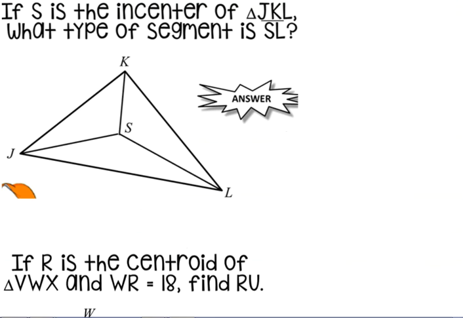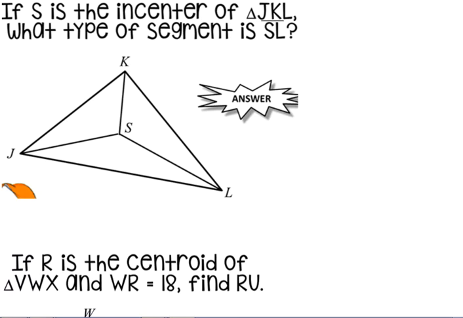All right, so the first problem here says if S is the in-center of triangle JKL, what type of segment is SL? Well, what did the in-center come from? Our bringing in. Angle bisectors go with the in-center. So these are all angle bisectors.